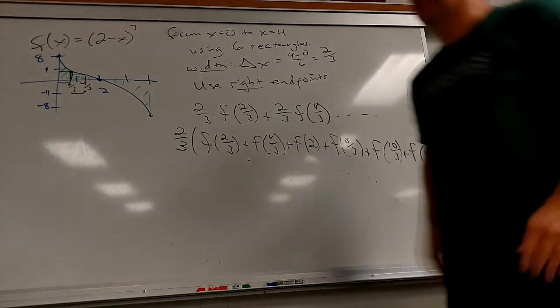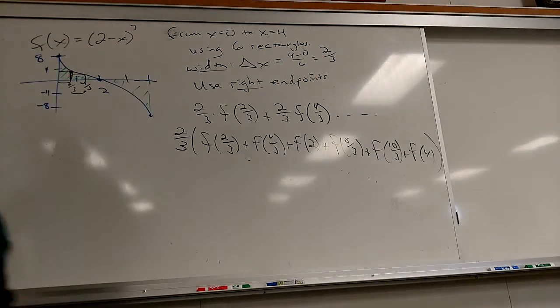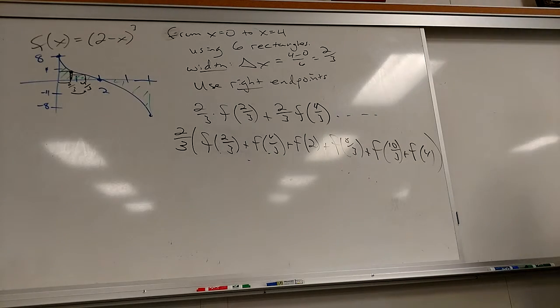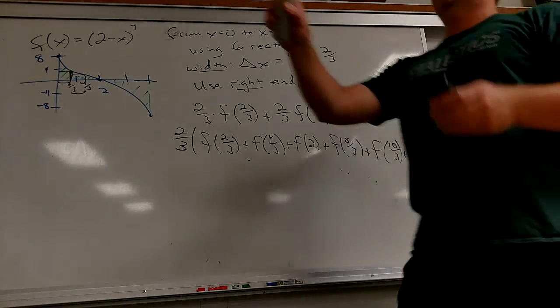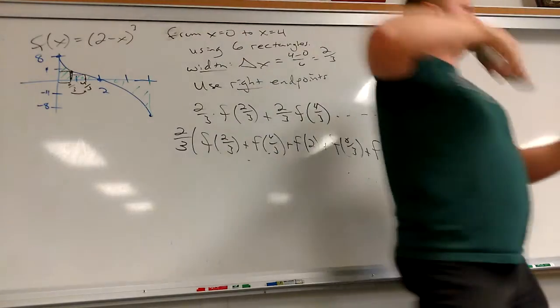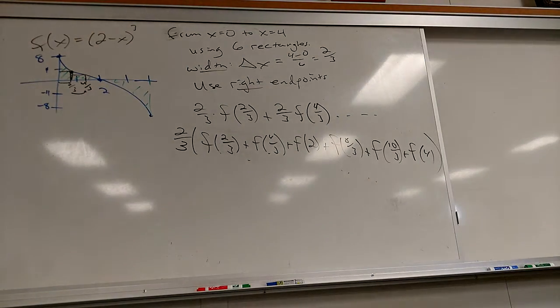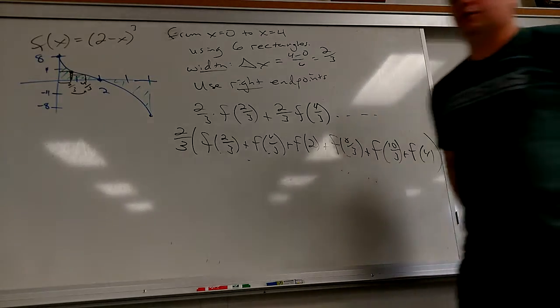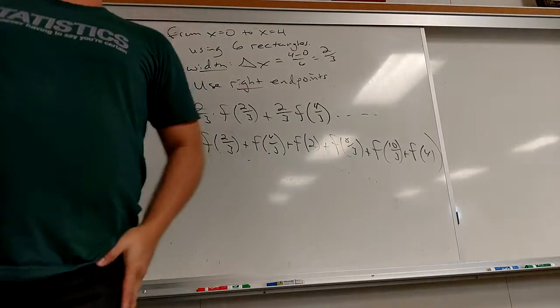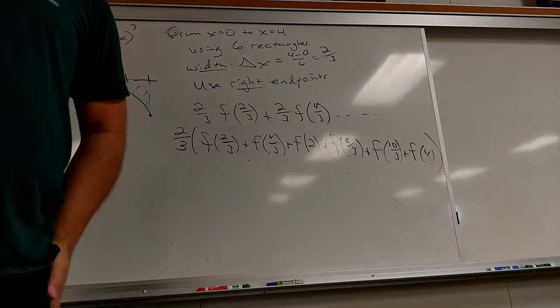I can show it to you again. That's not a ton of calculations, but let me show you in case you have to use 8 or 12 or so rectangles. It'd be nice to have a quicker way to do this.